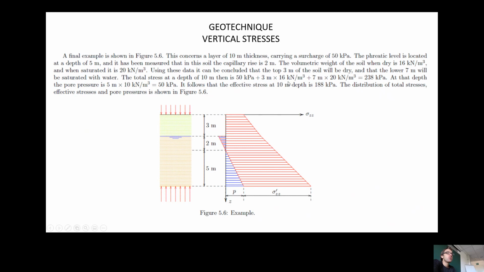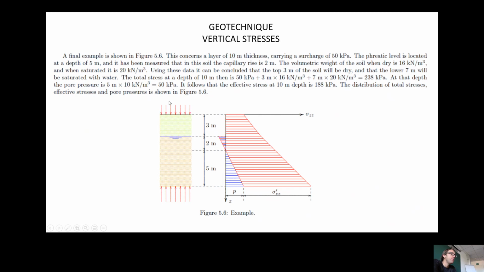So 15 when it's dry times 3 meters, plus 20 times 7 when it is saturated. And this means that sigma z will be 238 kilopascal.